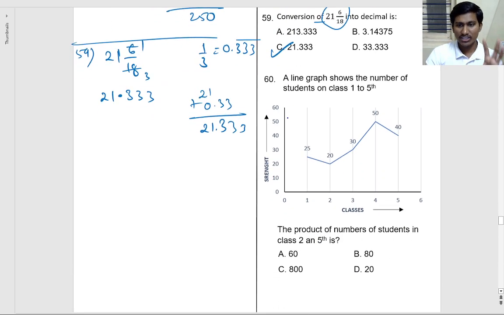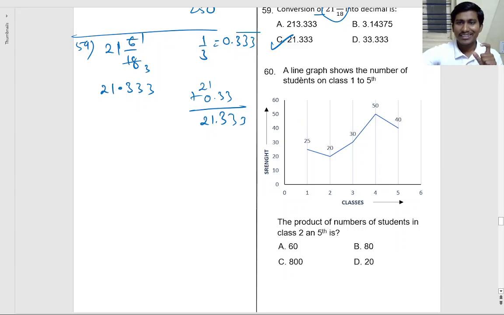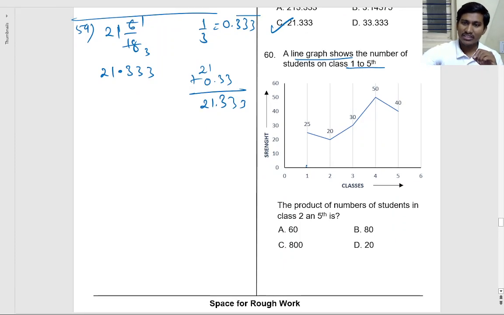Now let's go to the 60th question. A line graph shows the number of students of class 1 to 5th. Here first standard has 25 students, second standard has 20 students, like that it is there, right? Here we need the product of the number of students in second and fifth class.